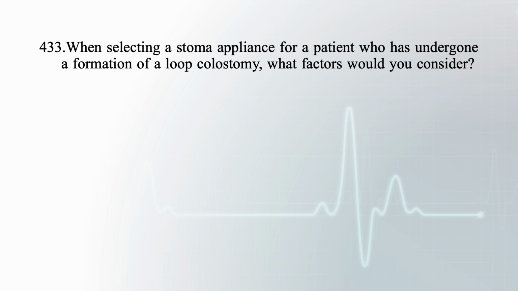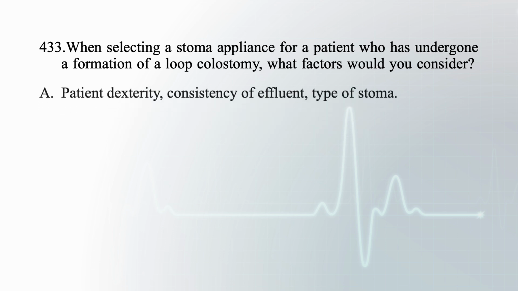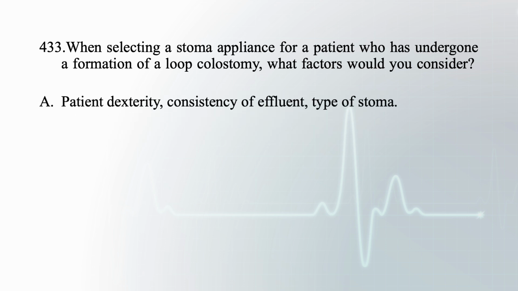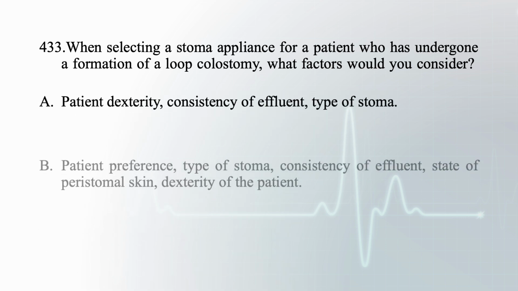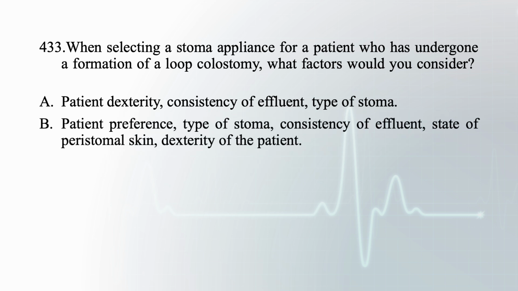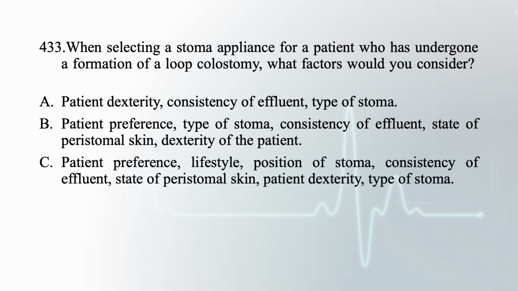Question number 433. When selecting a stoma appliance for a patient who has undergone a formation of a loop colostomy, what factors would you consider? Option A, patient dexterity, consistency of effluent, type of stoma. Option B, patient preference, type of stoma, consistency of effluent, state of peristomal skin, dexterity of the patient. Option C, patient preference, lifestyle, position of stoma, consistency of effluent, state of peristomal skin, patient dexterity, type of stoma.